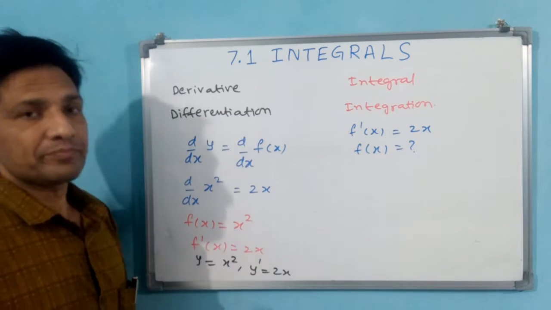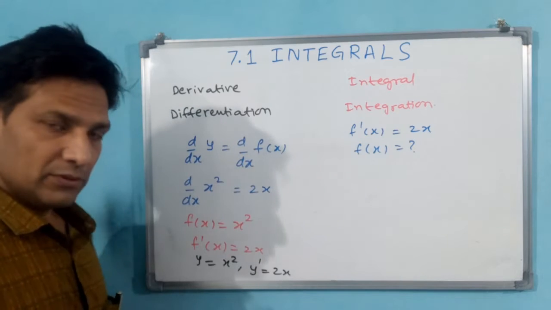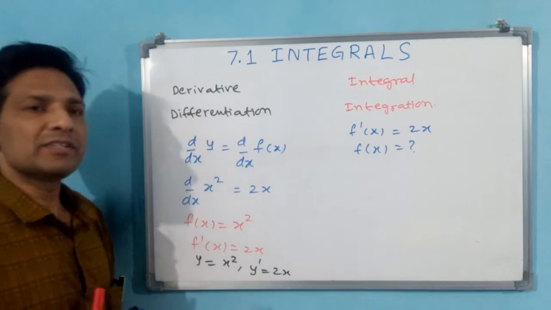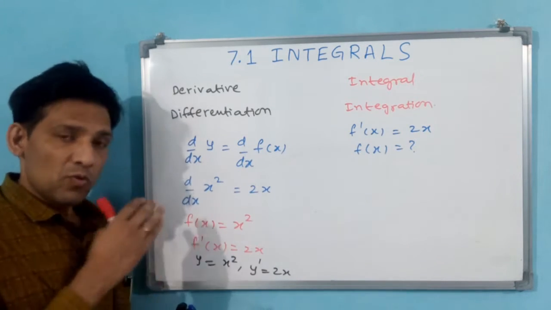See here, 2x is there. Then you have to think in differentiation how 2x is going to come.